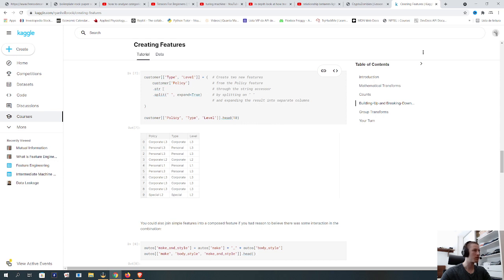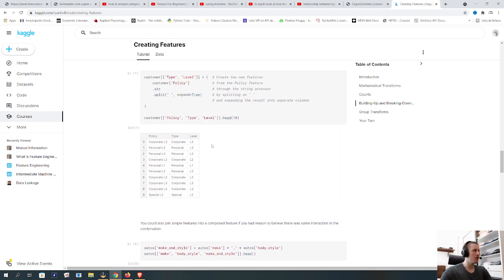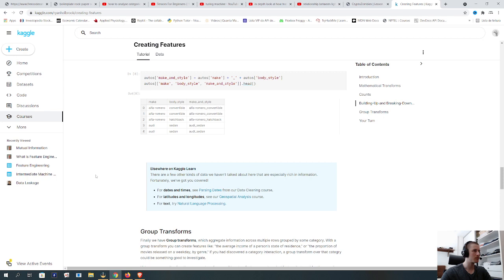So it takes the column, makes it a string, then splits by space and makes the type and level columns. You could also join simple features into a composed feature if you had reason to believe there was some interaction in the combination. So here it is doing the opposite.